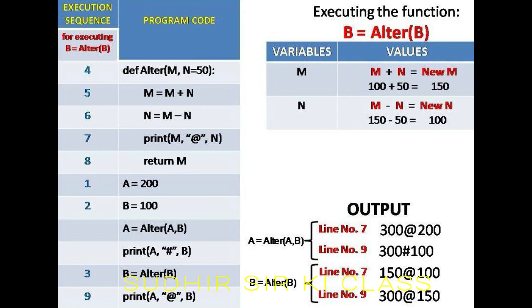Its value is now 150, which is permanently changed. So if you print the statement 9, the value will be printed as A is 300 and B is 150 with a @ sign. So I hope this is absolutely clear to you.